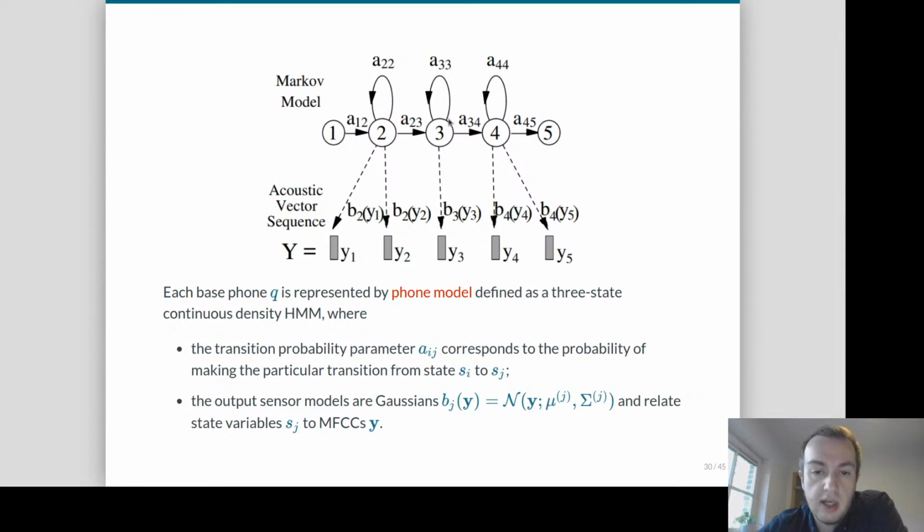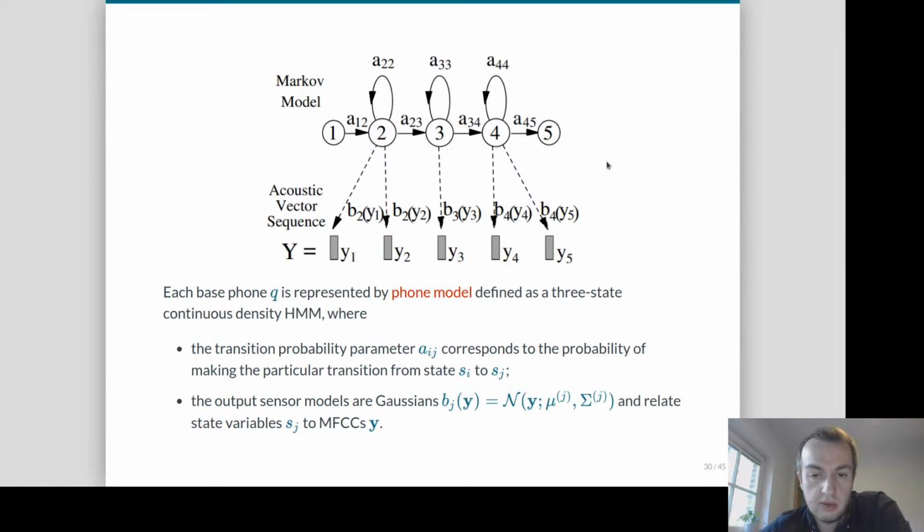So in this diagram, the parameters a_ij, for example a22, a33, correspond to the probability of making a particular transition from state Si to state Sj. And this is how the Markov process would evolve through time.